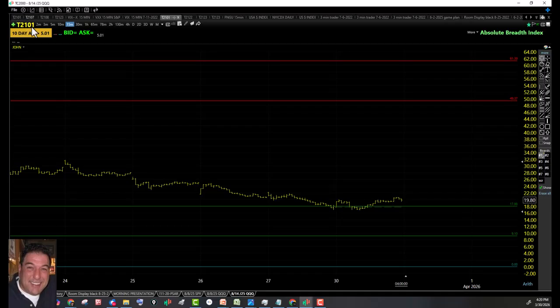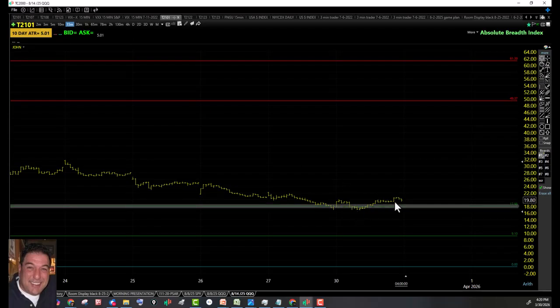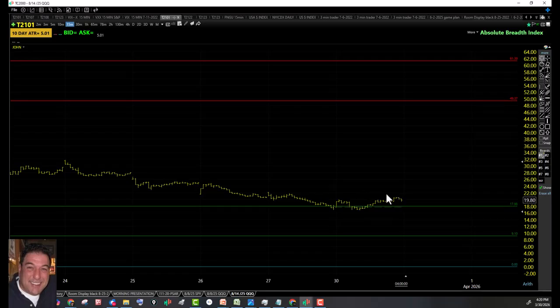So there's T2101. So not much piling on to the price action as it dips lower and lower day after day. Usually what you get is increased selling because everybody's running for the exits. A little bit different crowd right now. Okay, so that's kind of a bullish sign for me.